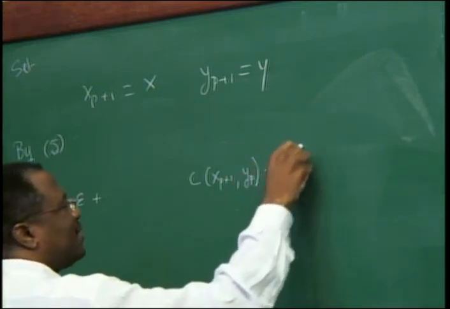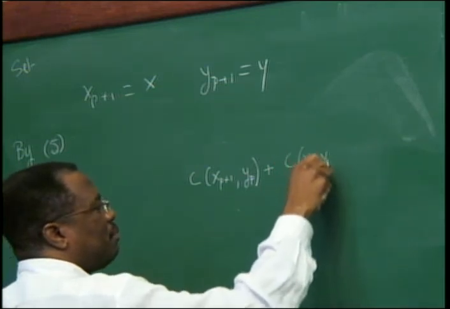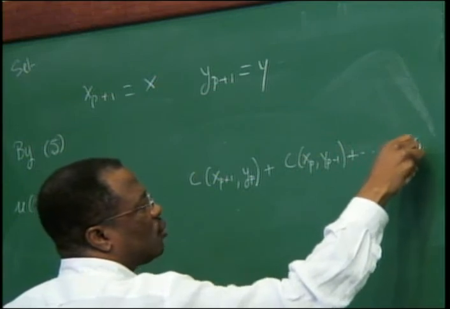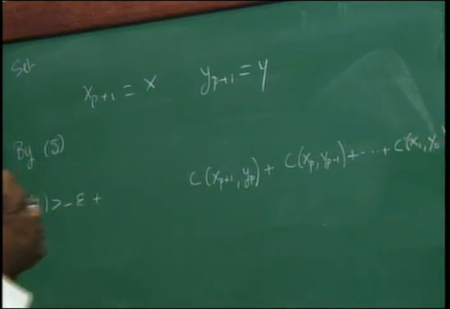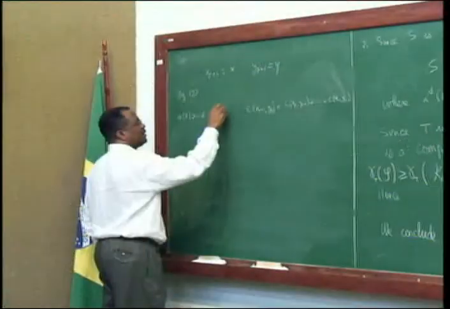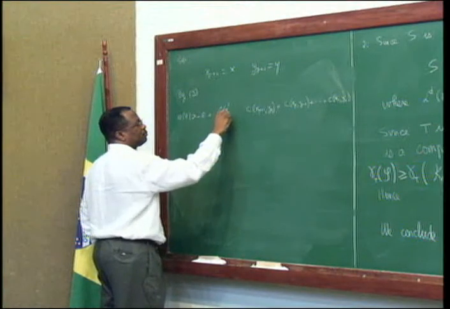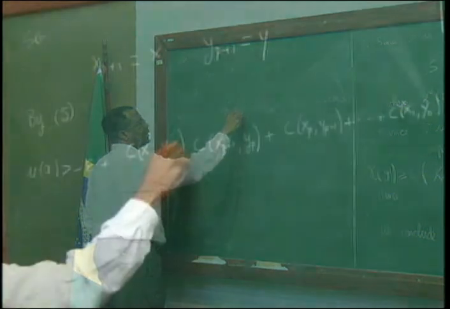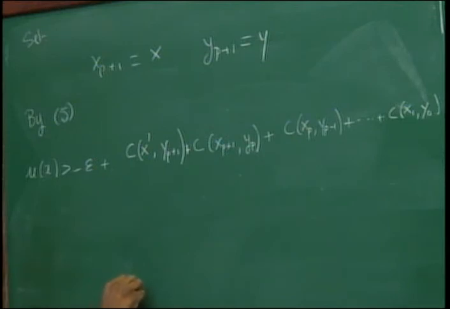And I am going to add C of S_P, Y_P minus 1, plus C of S_1, Y naught. And now I am going to add something which I want to subtract, C of S prime, Y_{P+1}. And I need to subtract what I added, C of S prime, Y_{P+1}.